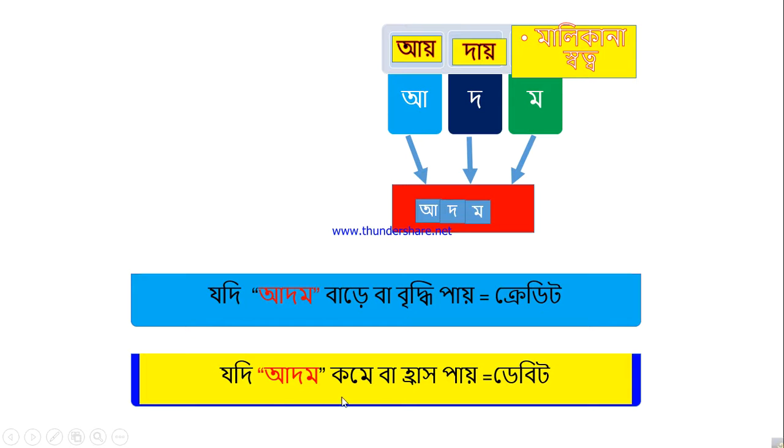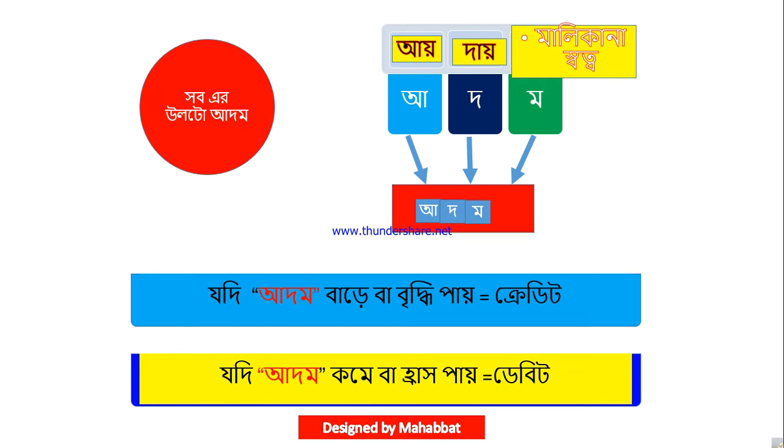If Adam decreases, it will be debit. That means Adam is the alter of shop, or shop is the alter of Adam.